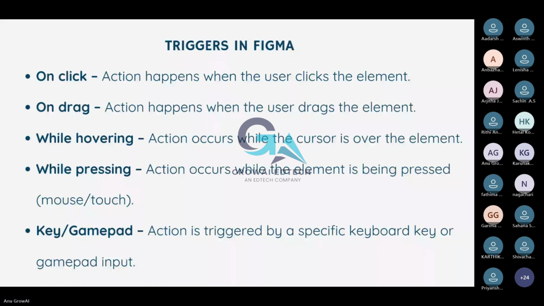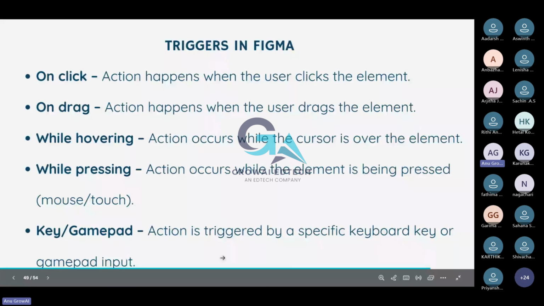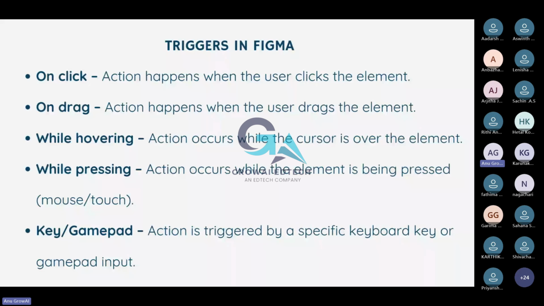Yes, it is action. So here in Figma, if we click it, we should show some kind of trigger, and if we drag it, then we have to show this action. For each trigger, we have a certain set of elements, and that is what we are going to see now.